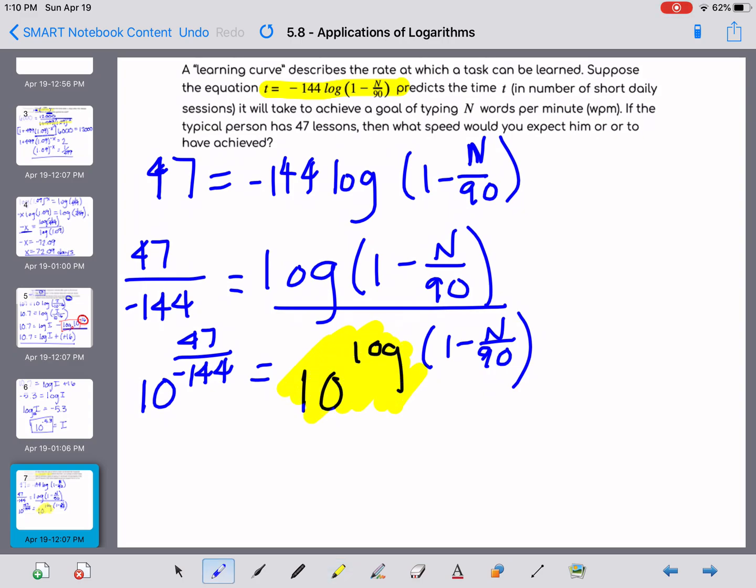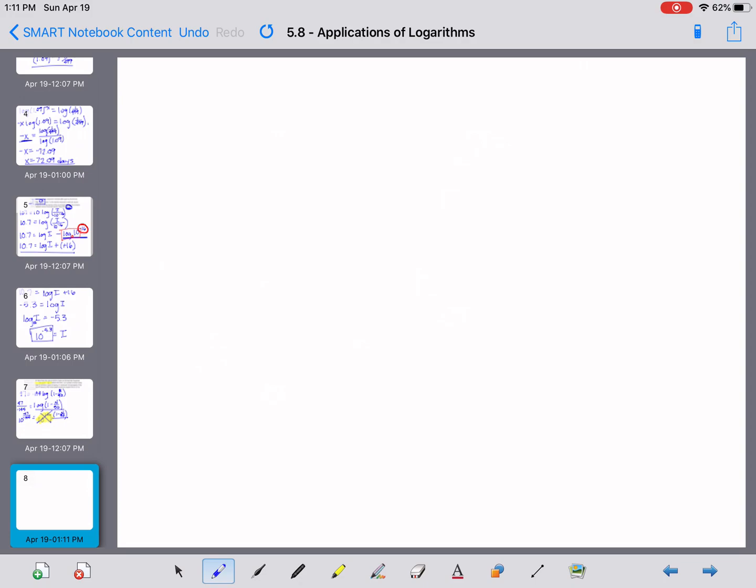All I'm left with is this, which is super helpful because now that's a place I can solve. So we get rid of this, and now we're simply left with 10 to the exponent 47, and then 1 minus n over 90.